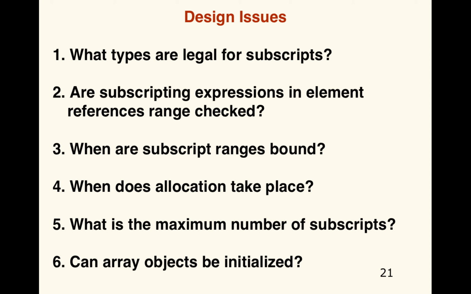So what are some design considerations associated with the array? Well, what types are legal for the subscripts? We have looked at the Python programming language, and we know that in Python we can create a list or a dictionary or an array or a tuple or one of these aggregate data types.